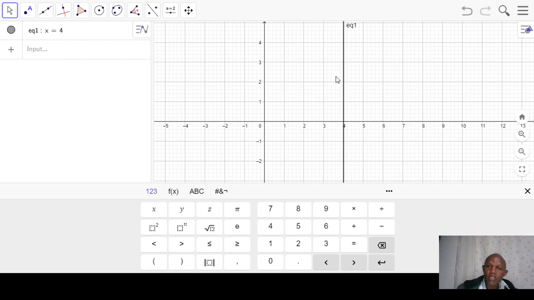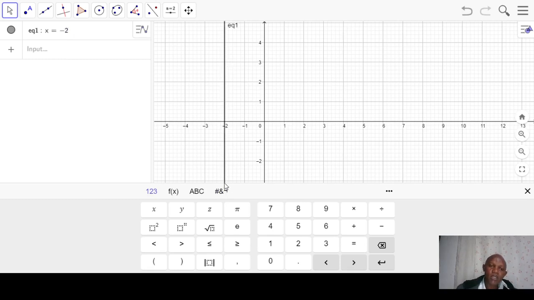So that's what we say. The value of x will be any point along this line. Suppose the value of x is -2. Then we expect the same line to shift towards this. Any point along this is -2.